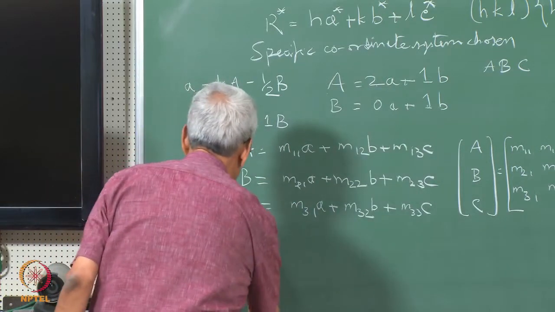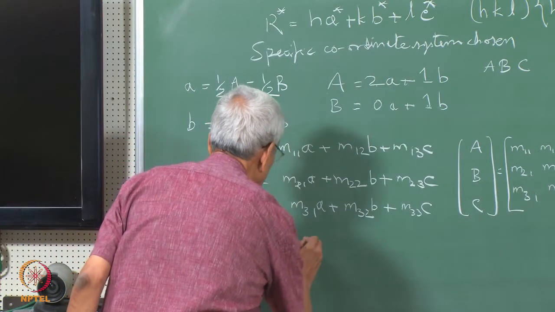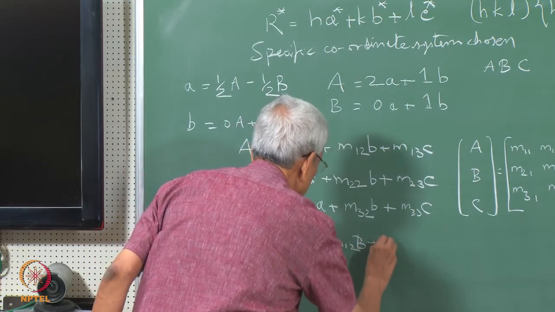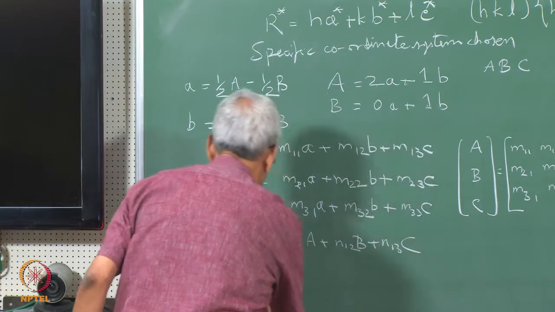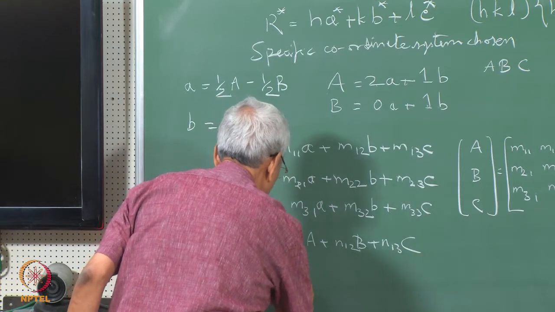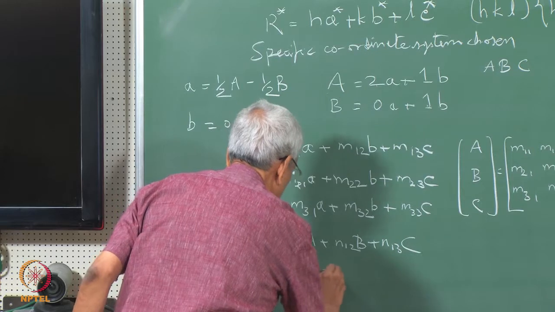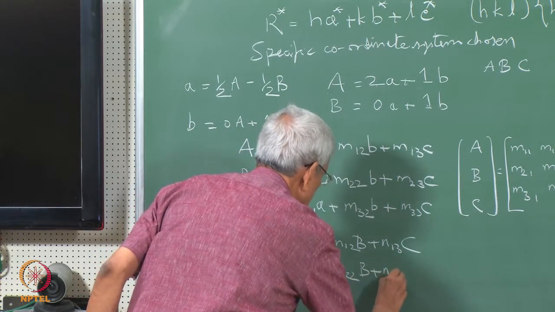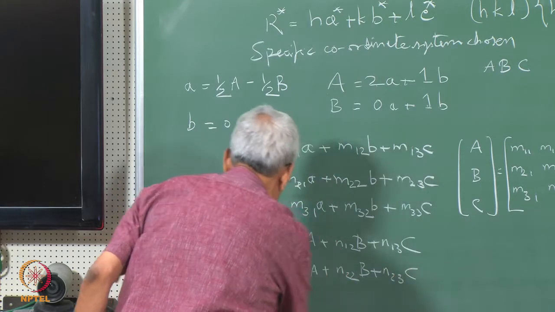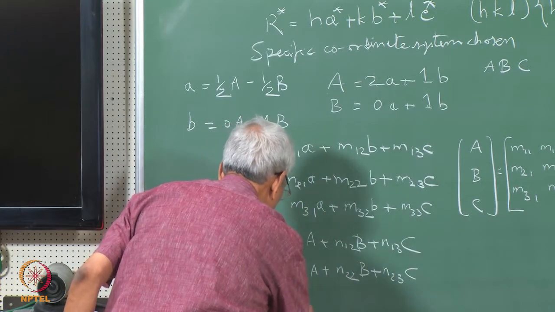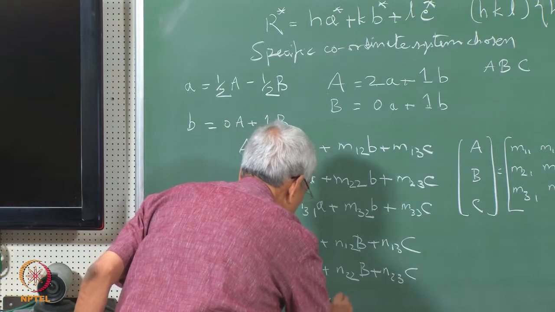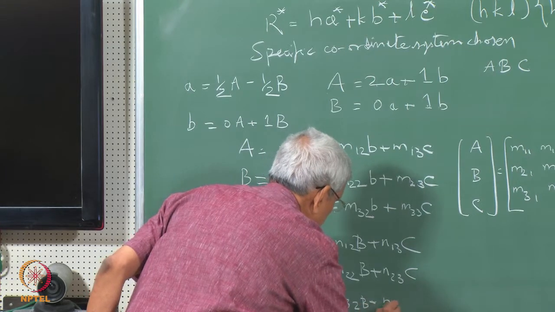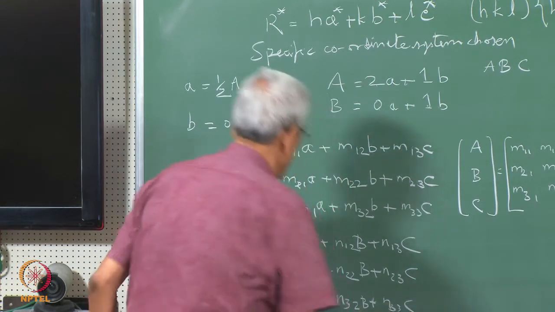So, then A will be equal to, I will write, into C, n33 into C, correct.